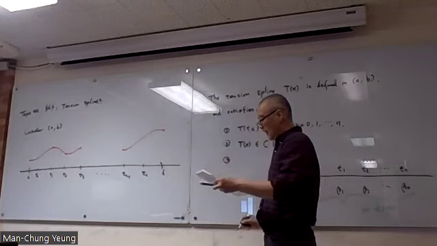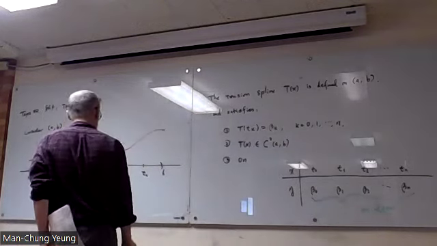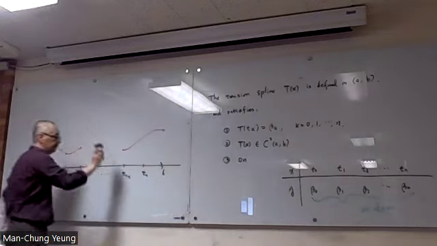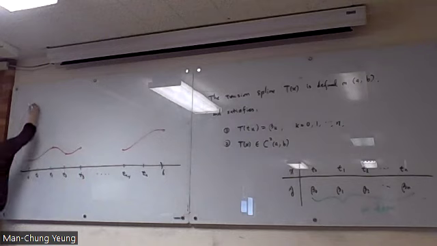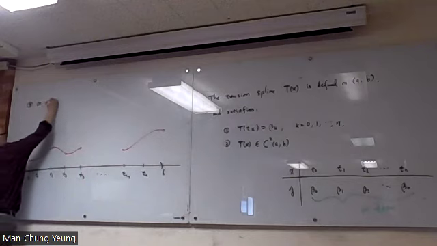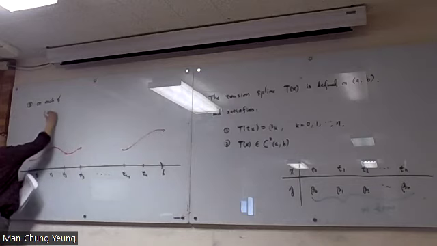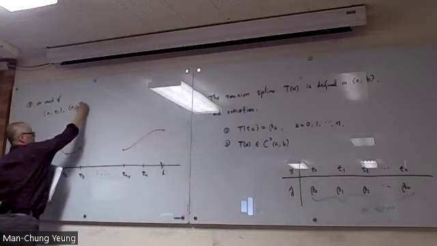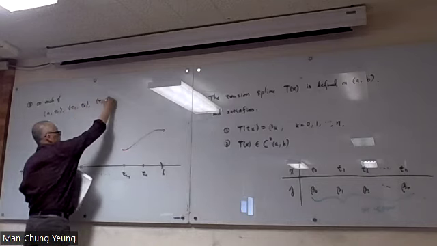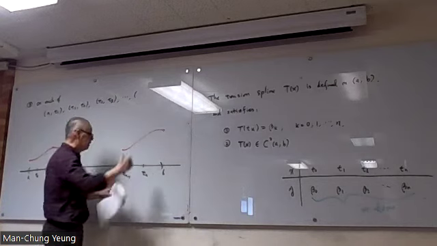Number three, property number three. On each of the following intervals: A to t1, the first interval, skip t0; t1 to t2; t2 to t3, and so on; and then tn-1 to B, skip tn.